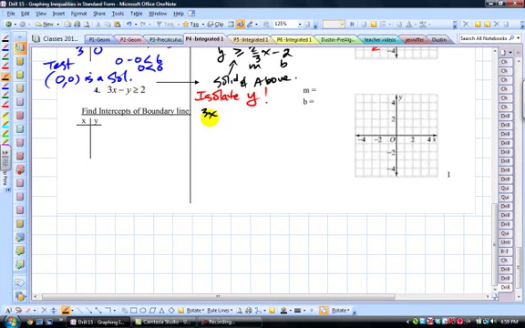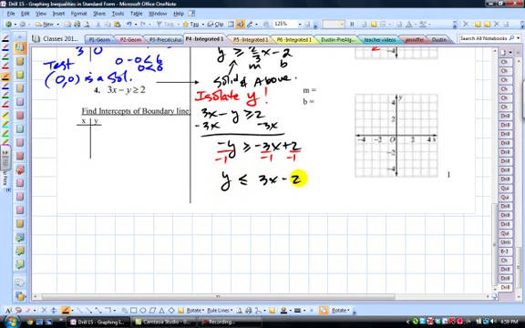Alright, so let's give it a shot. We got 3x minus y is greater than or equal to 2. 3x is positive, so I'm going to subtract 3x. I get negative y greater than or equal to negative 3x plus 2. I divide everything by negative 1, and I got to remember to switch the inequality, so I get y is less than or equal to 3x minus 2.